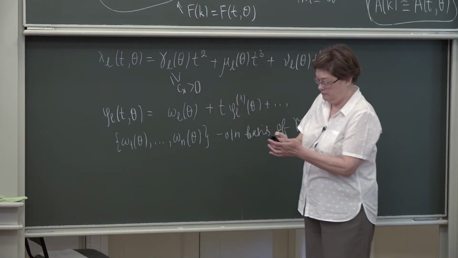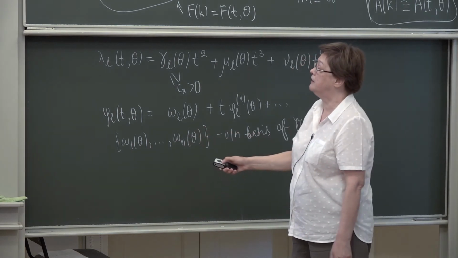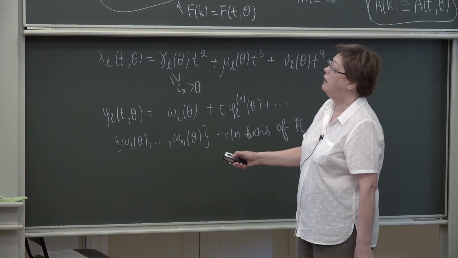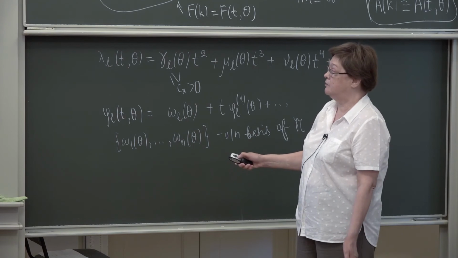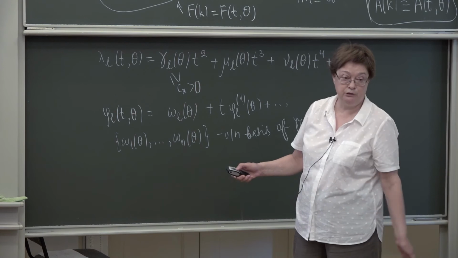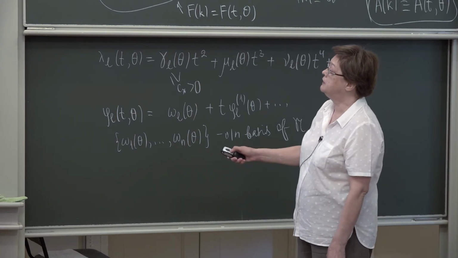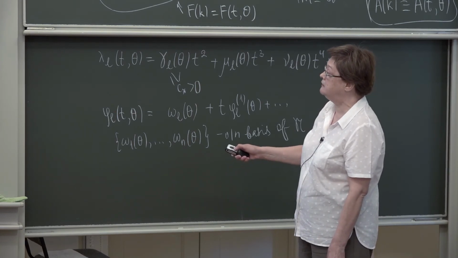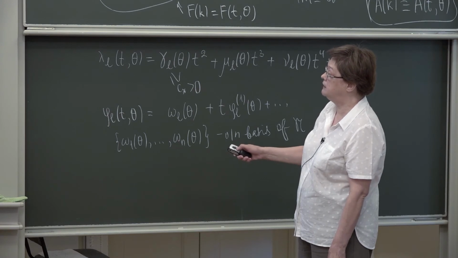We need an approximation for this projection F of t and theta. Of course, it starts with P, which is the projection onto the subspace of constants. Next, we distinguish the term of order t with coefficient F1.